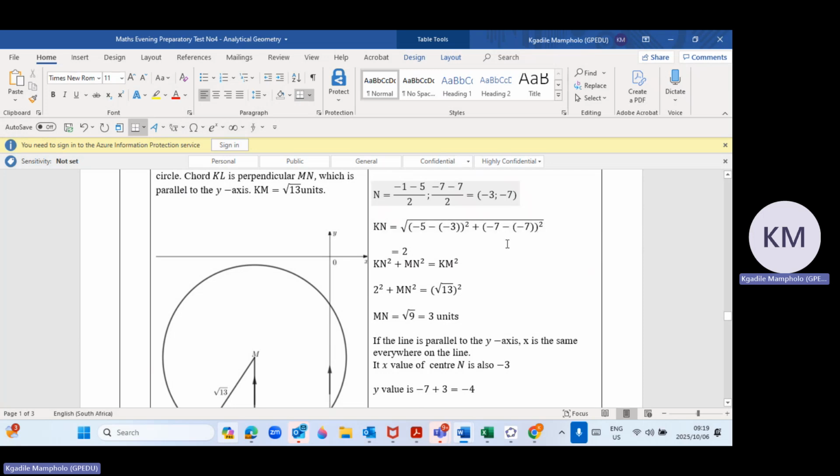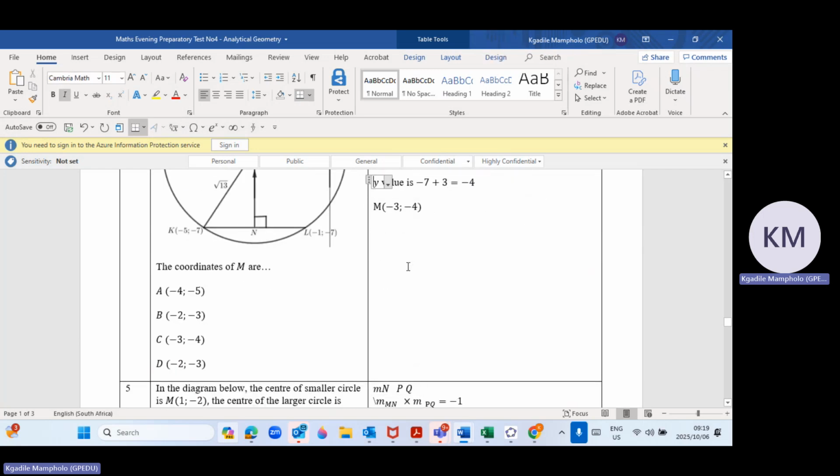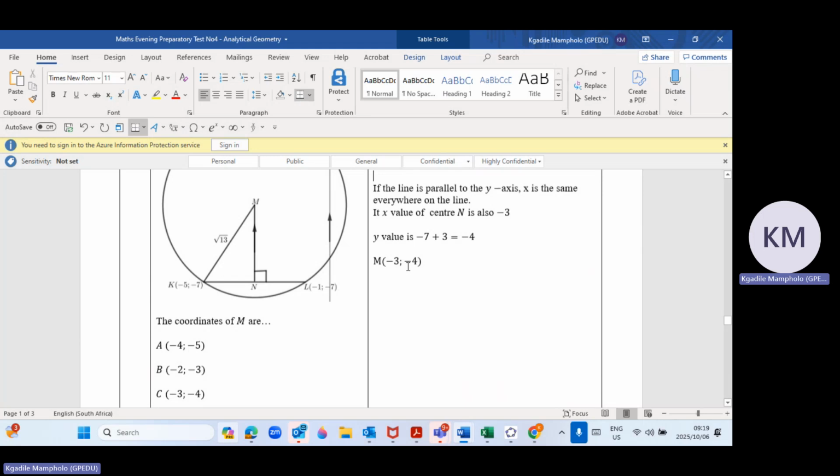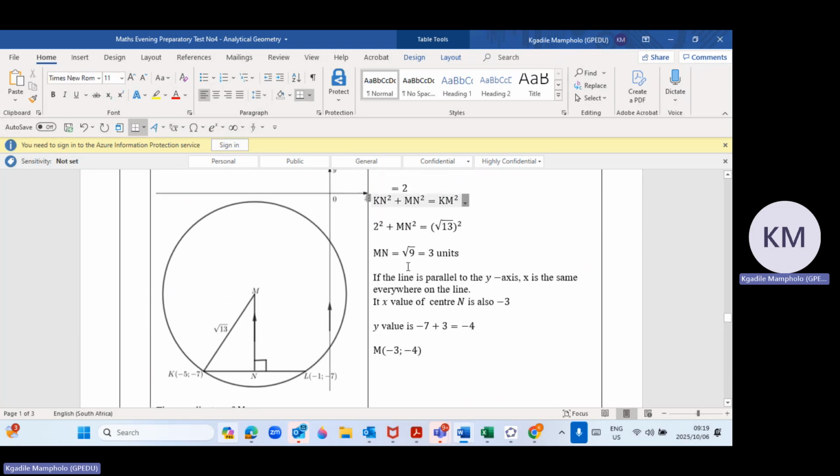The y of K is -7, y of N is -7. Then the answer in this case will be 2. KN is 2. Then you use Pythagoras because they are perpendicular: since KN is 2 and KM is root 13, you can get MN by using Pythagoras. Then the answer for MN would be 3 units.